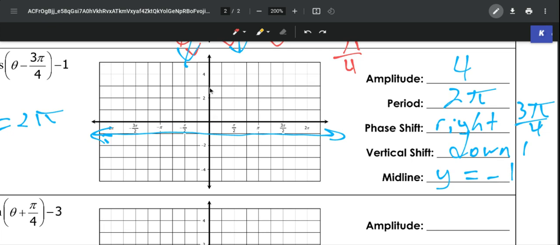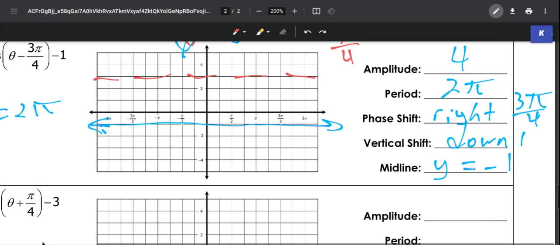So now your amplitude tells you to have a barrier at y is equal to 3 and y is equal to -3. Actually, no, it wouldn't. It'd be 1, 2, 3, 4. It'd be y is equal to 5. So our graph is going to fit somewhere in between here now, instead of it being all the way at 4, because we changed our horizontal axis.